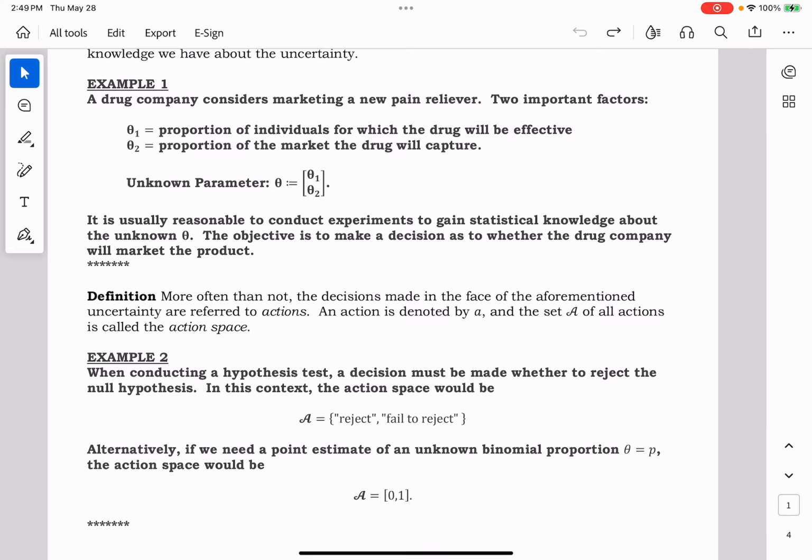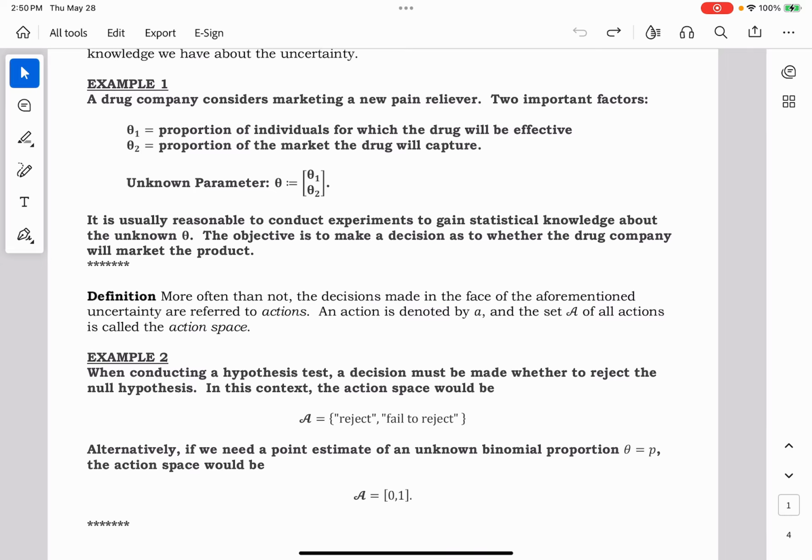So we have these parameters, and we have to make a decision. And so the decision that we make about this uncertainty is what we'll call an action. Now, let me also back up and mention that even though these parameters, in example 1, for example the two proportions, are constant, in Bayesian statistics we treat the parameters as random as well.